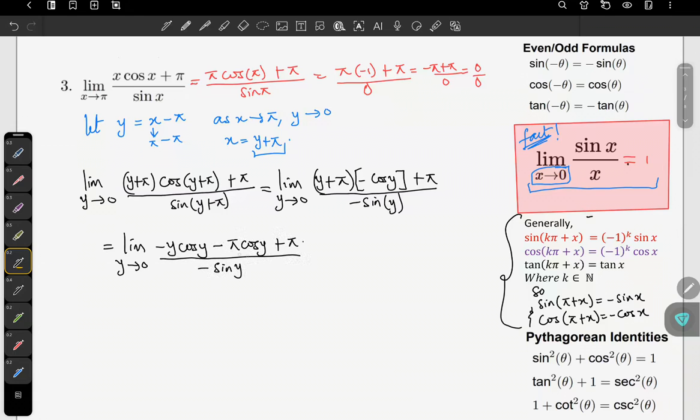If I factor out pi in some of the terms, this is the limit as y approaches 0 of negative y cos y plus pi times (1 minus cos y), all over negative sine y.